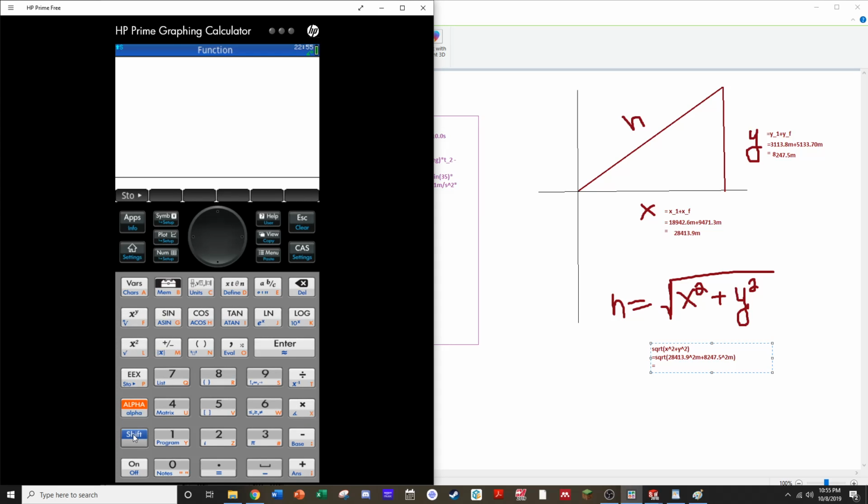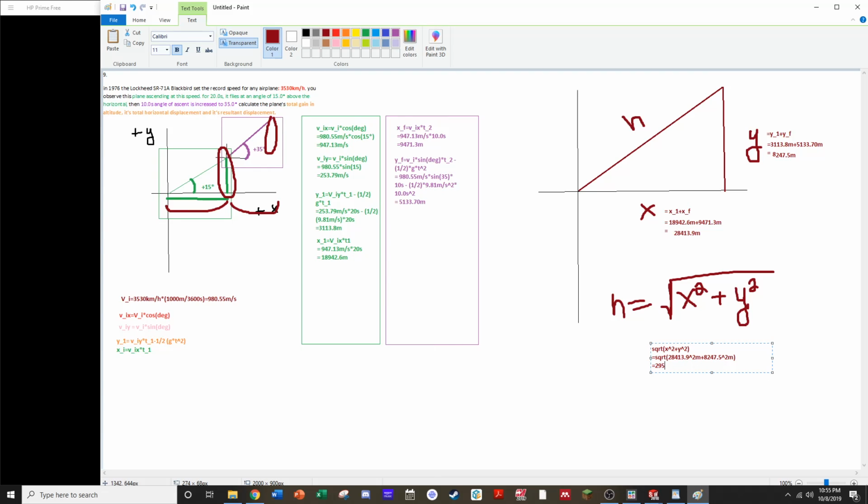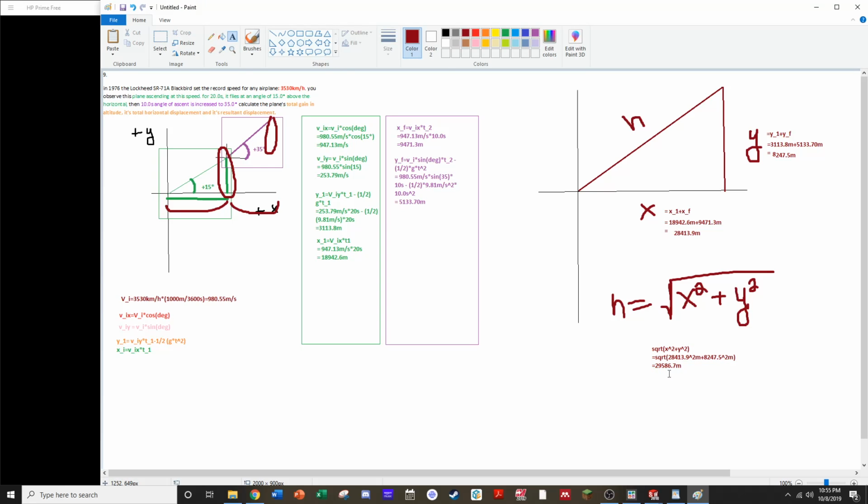So it was the square root, so shift square root sign, 28413.9 squared plus 8247.5 squared, and hit enter. So that was 29,586.7 meters, and that's our H value. So that's the total distance that it has currently taken. Okay, so that is our resultant displacement.